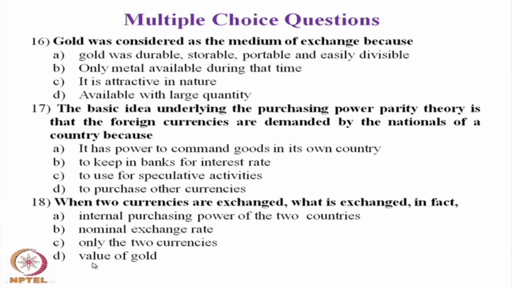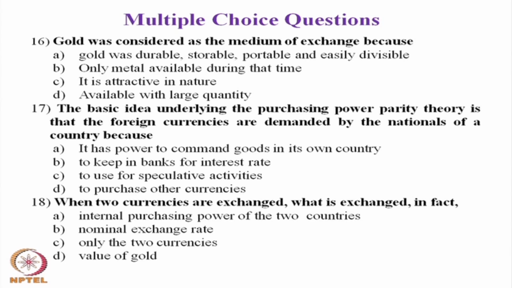Question number 16, gold was considered as the medium of exchange because, the answer is A. Gold was durable, storable, portable and easily divisible.